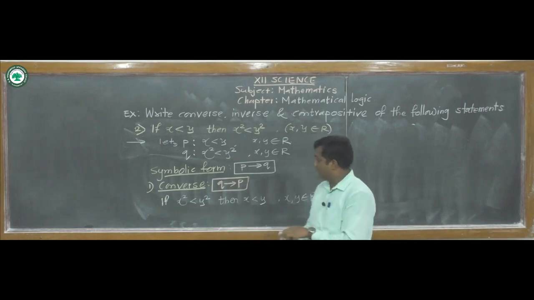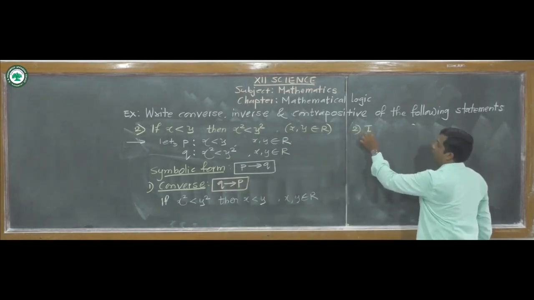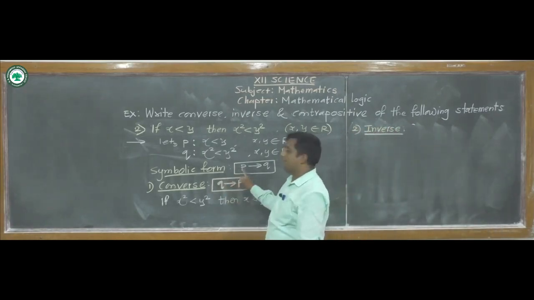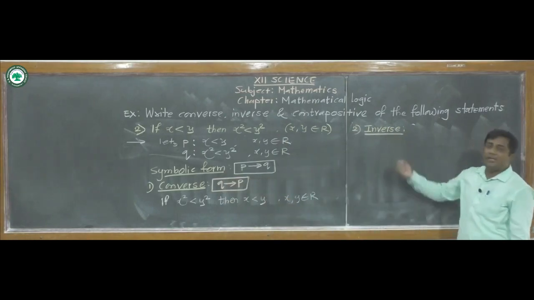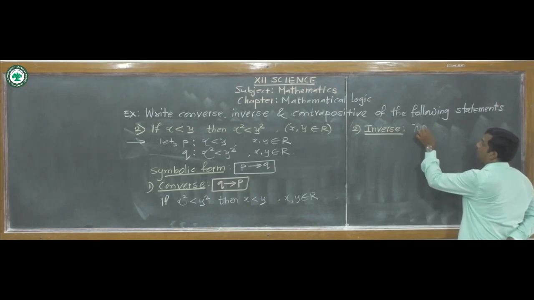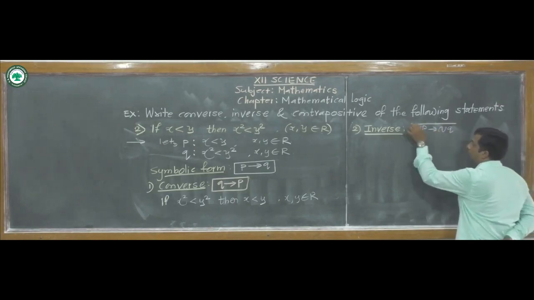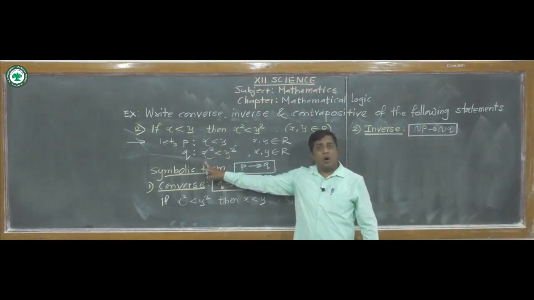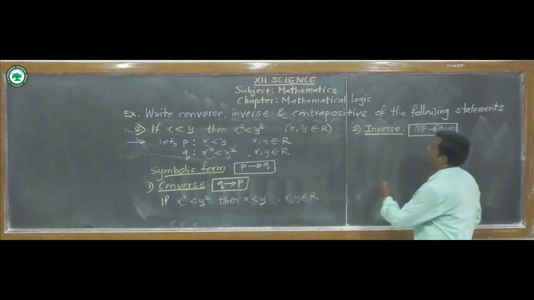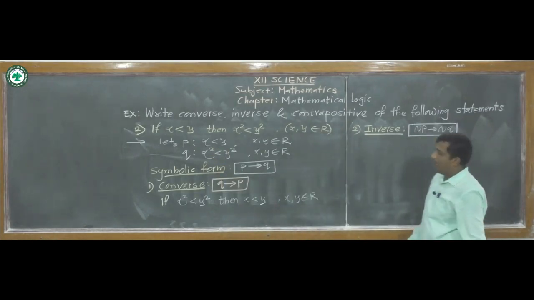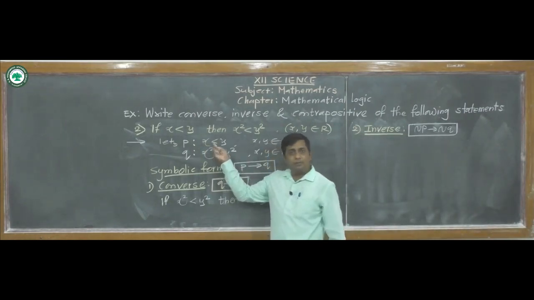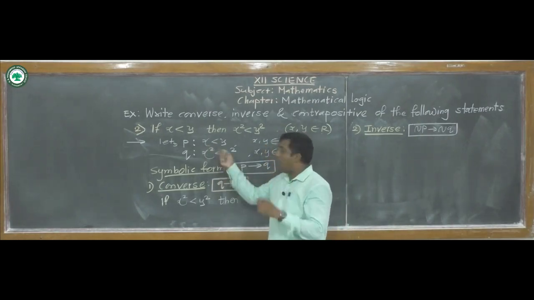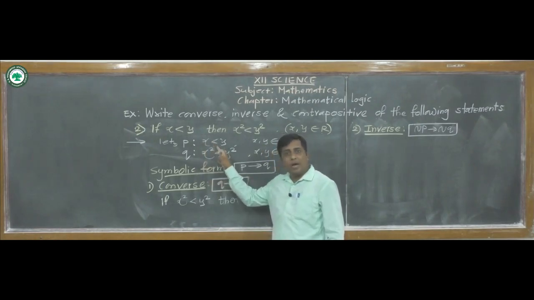Then we define the inverse. If P implies Q is the given relation, then its inverse is negation of P implies negation of Q. So here I write the negation of P. Here x is less than y is given, so its negation is x is not less than y, that is, x is greater than or equal to y.